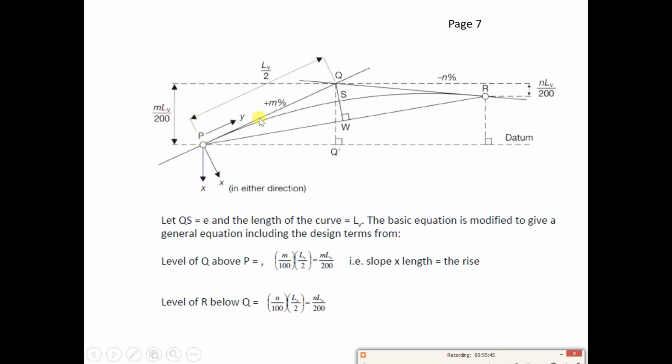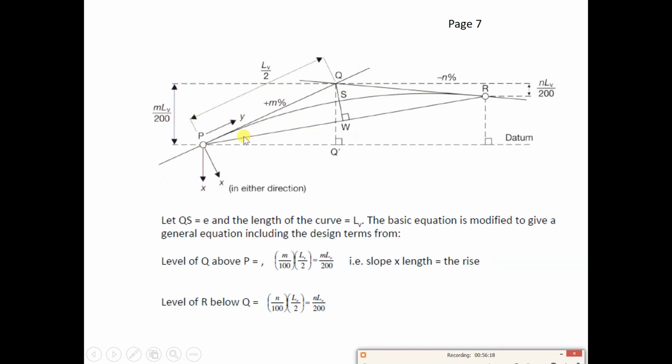Because we're going to measure all the way up, we just look at one gradient. By the way, here the gradient in this case, previously we used G1 and G2, but in this case we use m and n. One is m, one is n. We still stick to the rule: if you go up it is plus, if you go down it is minus. So instead of G1 and G2 we have m and n percent.